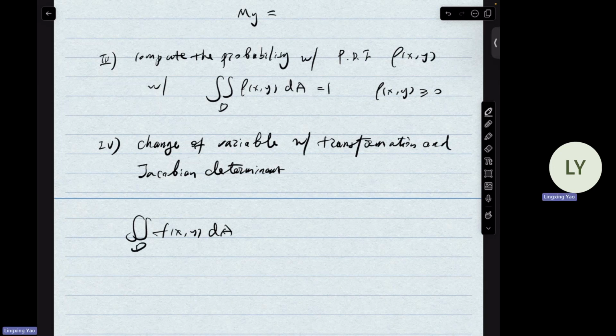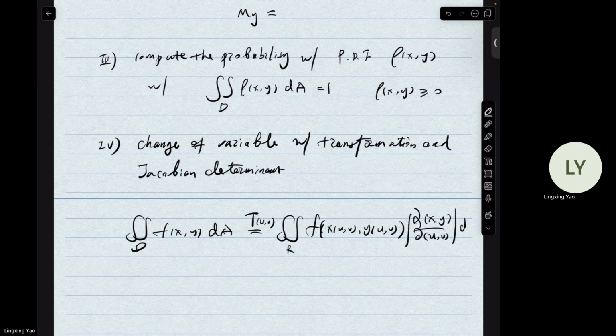All right, if we have the original double integral set up, we can do the change of variable by introducing two variables, u and v, and then we can evaluate this new integral, which involves the absolute value of the Jacobian determinant in the UV plane.